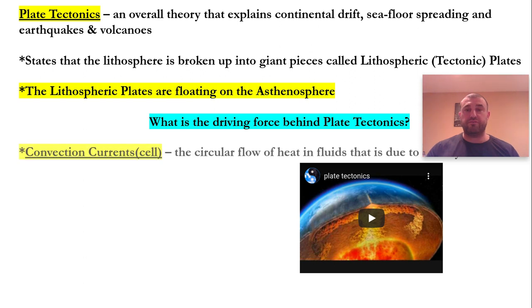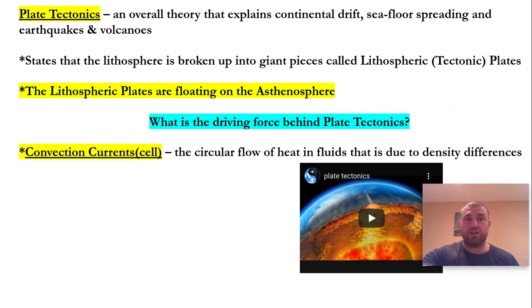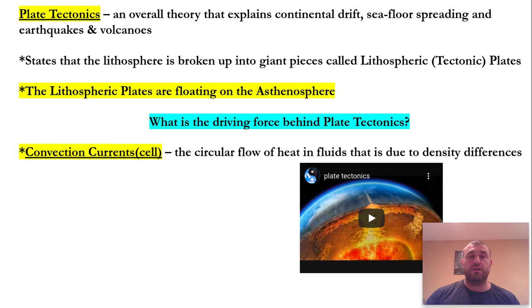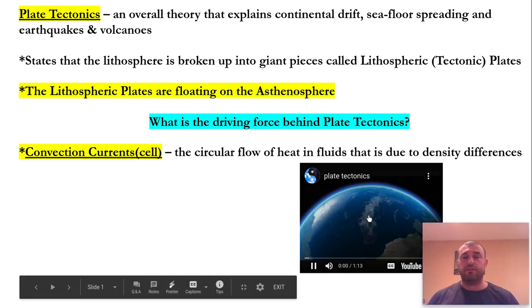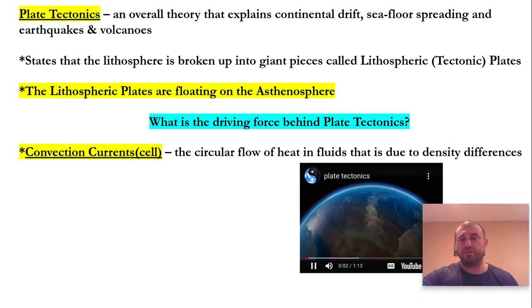And we call these convection currents or convection cells. So there are these giant circular flows of heat. And I actually played this for you before. I'll play it again. You can enlarge it on your screen if you want.